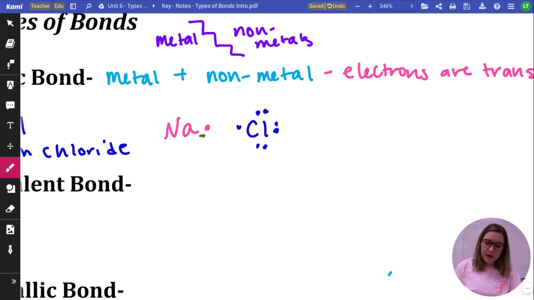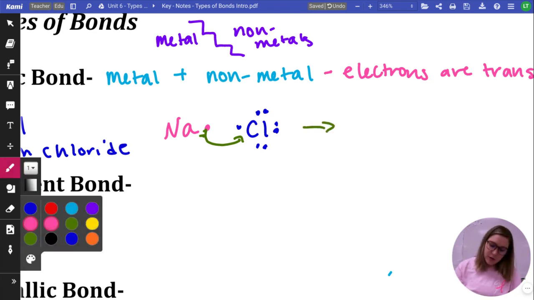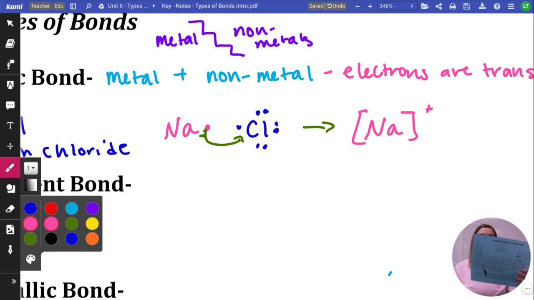So what's going to happen is sodium is going to donate that 1 electron to chlorine, and when it does, what we form is sodium that's lost 1 electron, so it now has a positive charge. When sodium loses 1 electron, it now has 10 electrons, so it would have the same electron configuration as neon, which is a noble gas, 8 valence electrons, very stable.